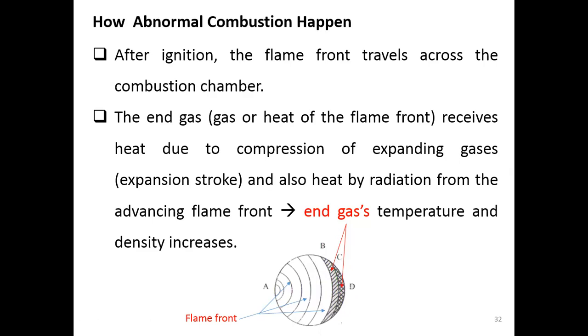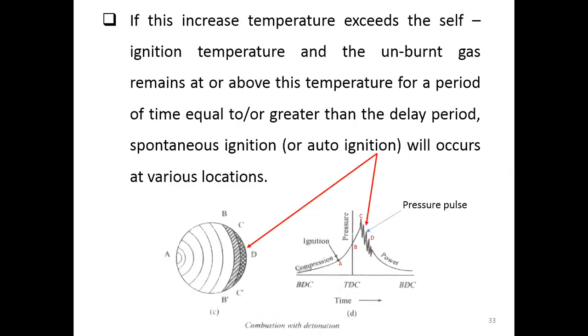So these two heat sources result in what? The end gas temperature and the end gas density increase. So if the increased temperature goes beyond the self-ignition temperature, and the unburned end gas remains at or above this temperature for a period of time equal to or greater than the delay period, auto ignition can occur.